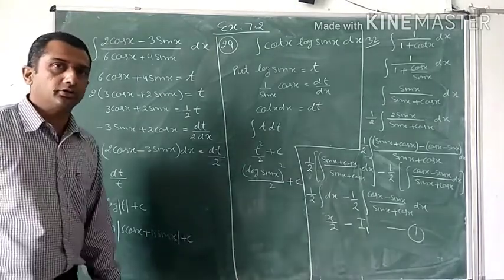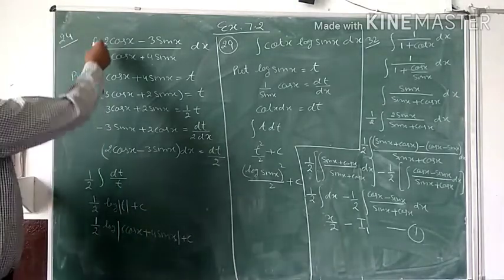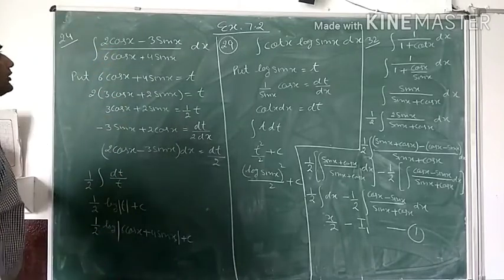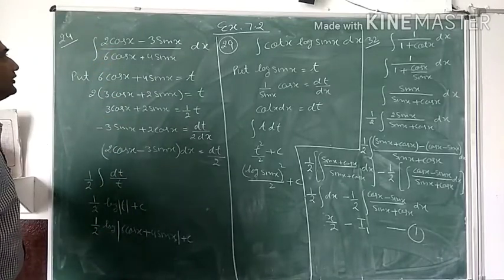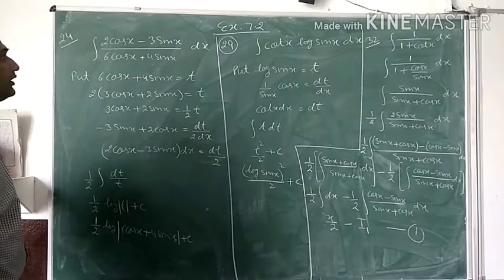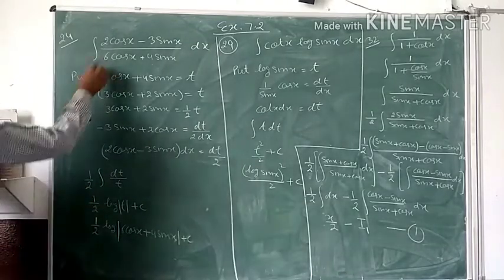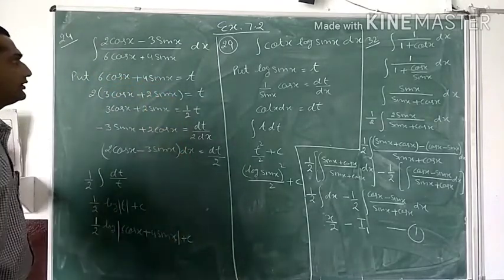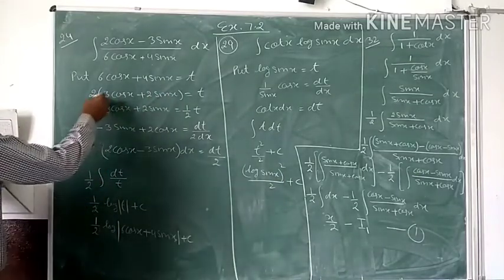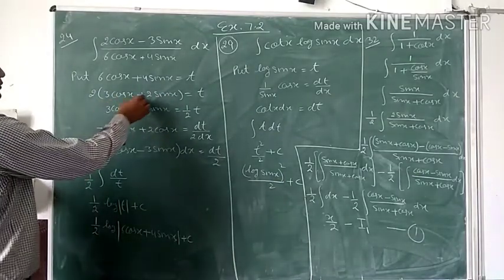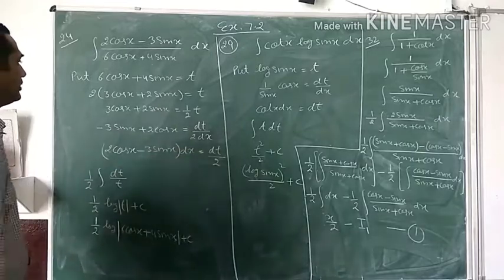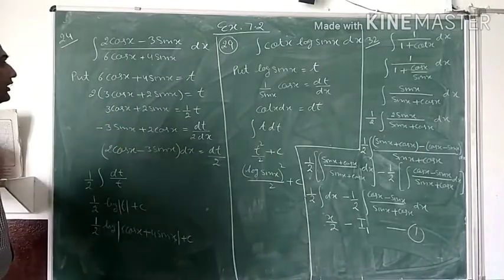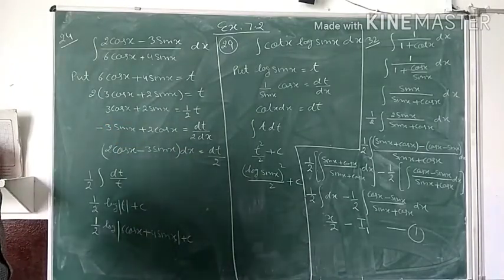Next, students, question number 24. Integrate 2 cos x minus 3 sin x over 6 cos x plus 4 sin x dx. Now put 6 cos x plus 4 sin x is equal to t. Taking 2 common, 3 cos x plus 2 sin x is equal to 1 by 2 t.